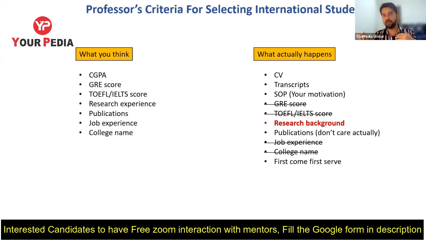If you're directly applying to the university, he said he's not going to select the student. If you are sending an email to the professor, then they will consider you. So this is a very important point.